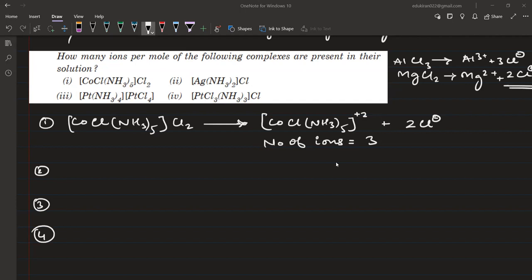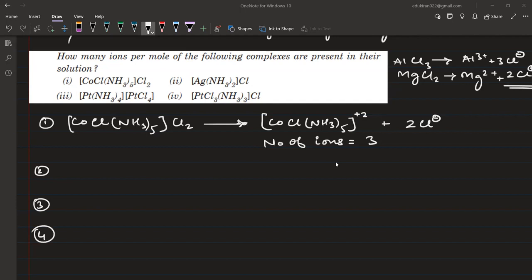Always look at the counter ion. The counter ion will tell you that you were getting one ion from there, and you will get one ion from there. One cation, there will be cations and anions.